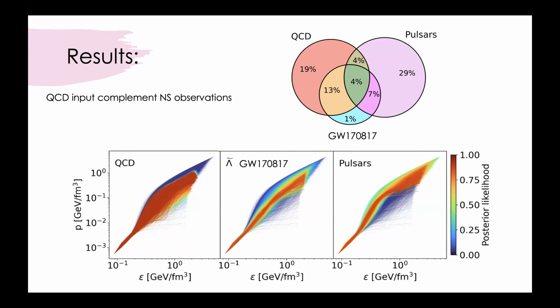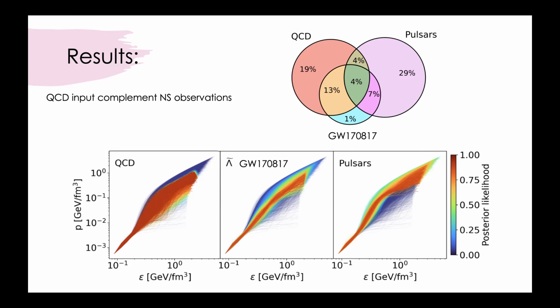There's a little bit of an overcounting here, though, which is a technical detail related to the mass. I skipped a detail: you also have to include the prior for the mass distribution of the stars. If you have a uniform prior, then in order for any star to have a mass, you need to normalize that prior, and that leads to an effect of suppressing equations of state that have very large TOV mass.